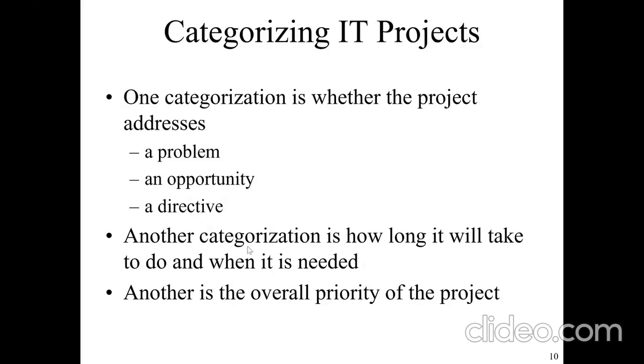So that's another categorization of IT projects. If it's a directive, then it is mandatory. You cannot object to it because if you do so, you'll be cut out. You cannot communicate with any government institution of a sort. So another categorization is how long it will take to do and when it is needed.